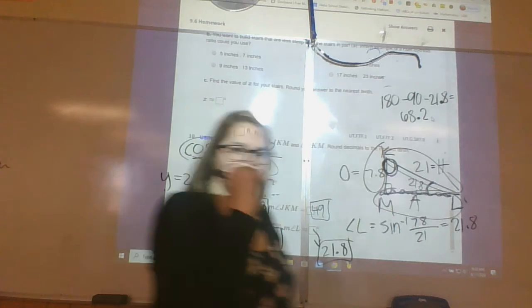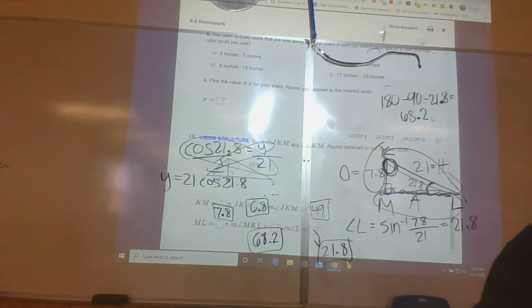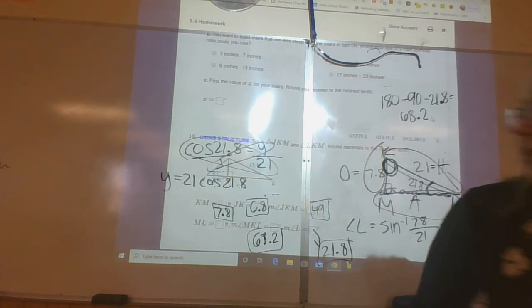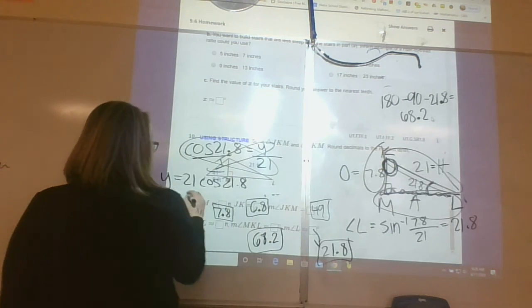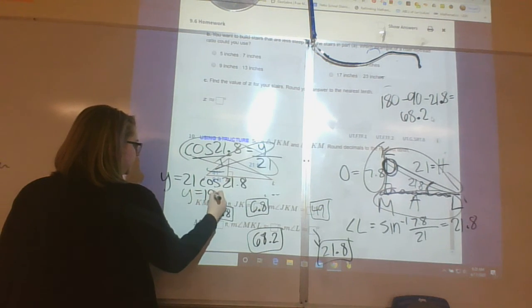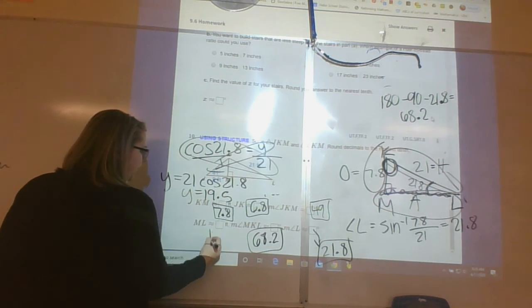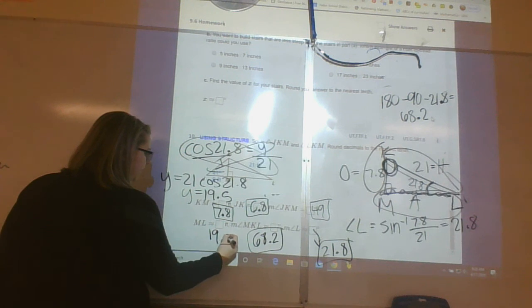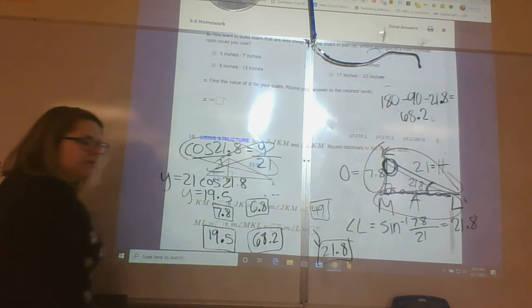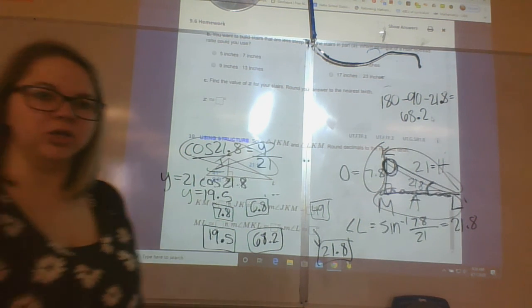Since we rounded earlier, rounding might be off just a little bit. So 21 cosine 21.8, I get 19.5, and that's the answer. So y equals 19.5. That was ML is 19.5. And you're done. That was a long problem and you got through it. Good job. Woohoo.